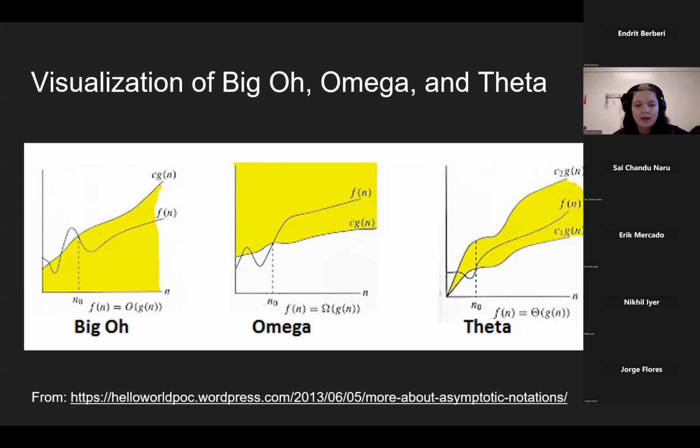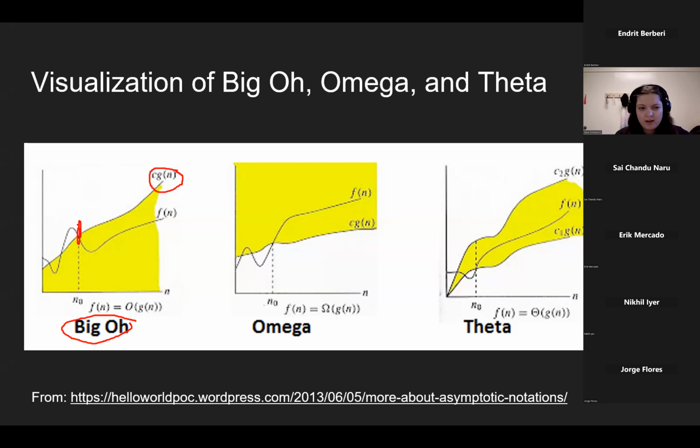Oh, you mean n0? Okay. So n0 is some starting point that we measure from. So for example, in all of these, when you look at n0, this is where we can, with certainty, determine the growth rate of f of n. So for the big O graph, at n0 our f of n starts to actually be bound by g of n.